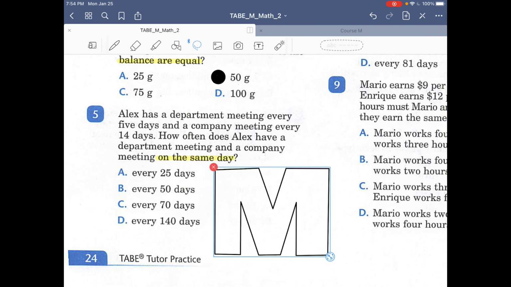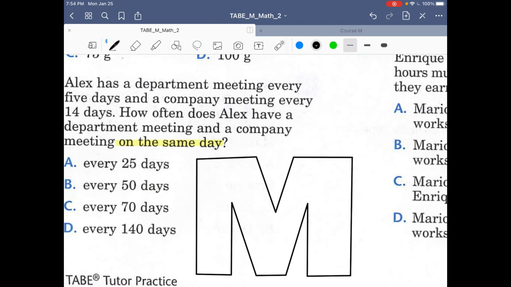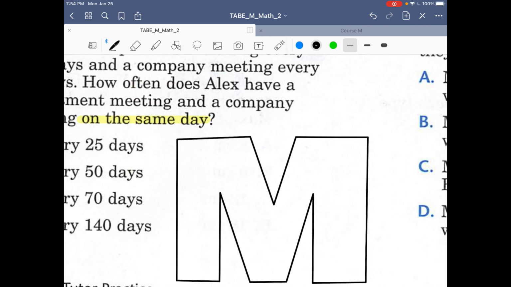How about that? Let's put this one right here. So we have the department meeting, and I'm going to abbreviate. That happens every 5 days. And a company meeting happens every 14 days. And we want to know when they happen on the same day for the first time.